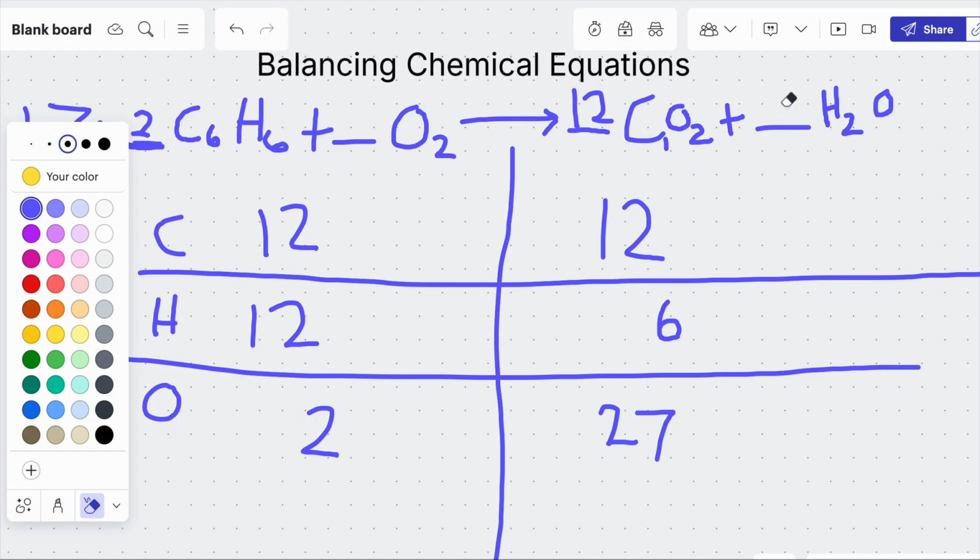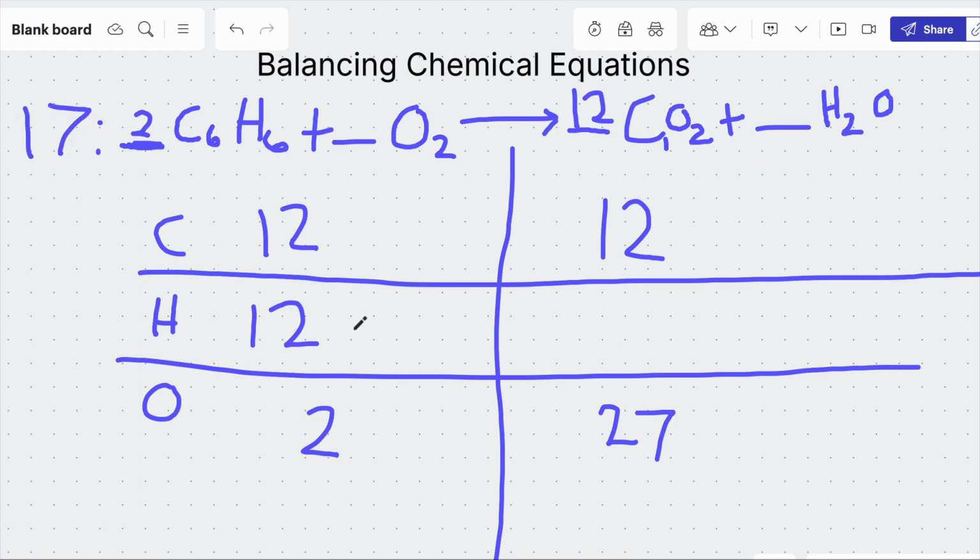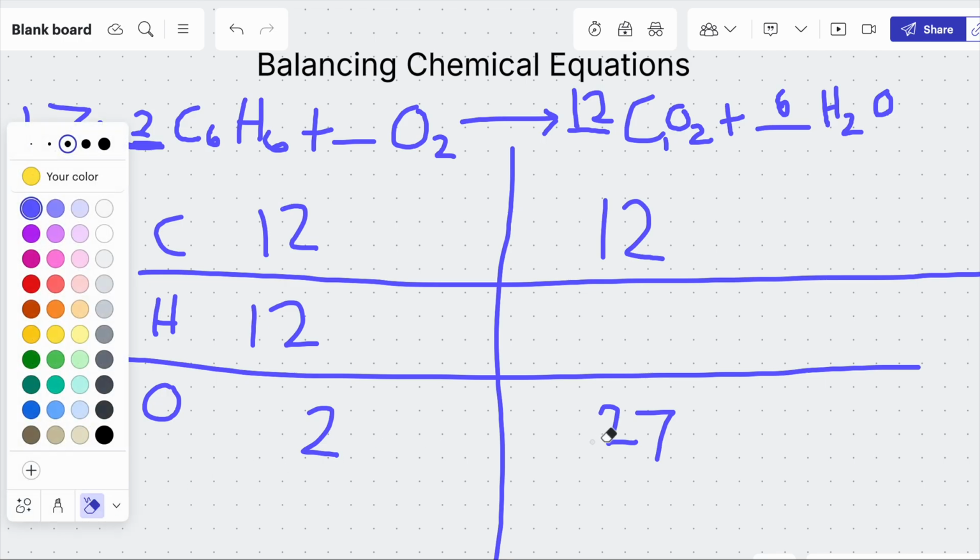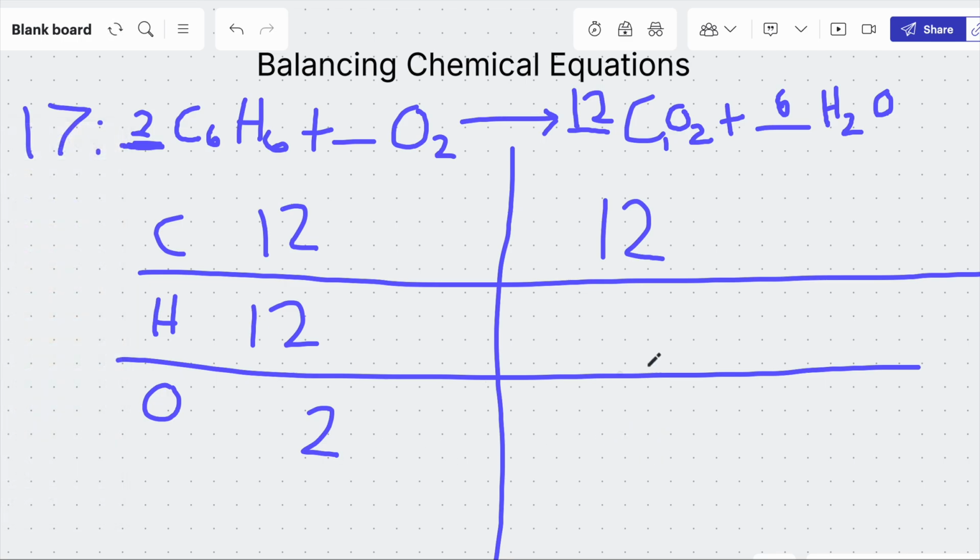So we need to fix these. Again, we want 12 total. So we need to figure out what times 2 gets us to 12. Luckily, we kind of have that backwards over here. We're going to put in 6. It's also going to change our O's again.